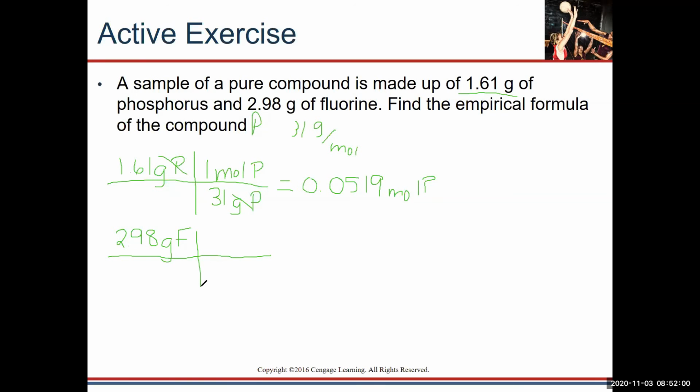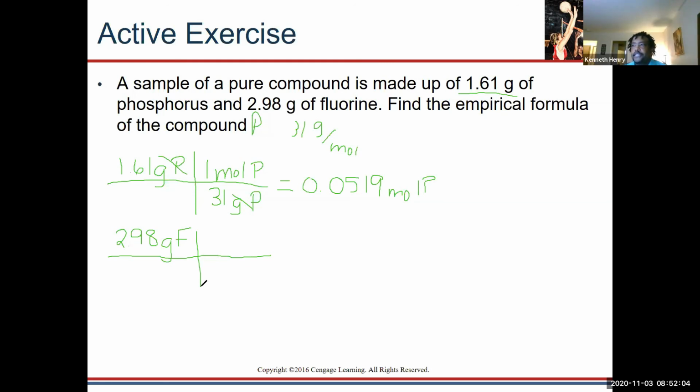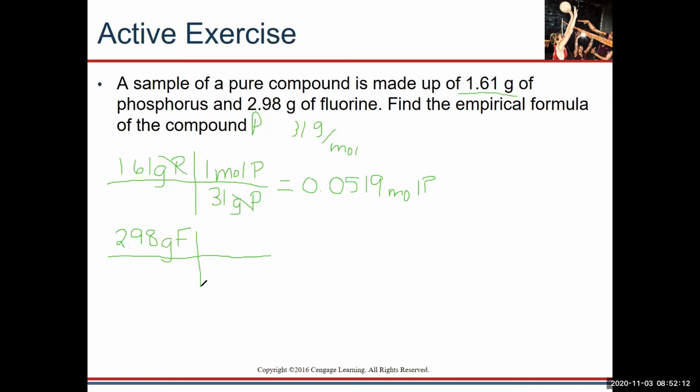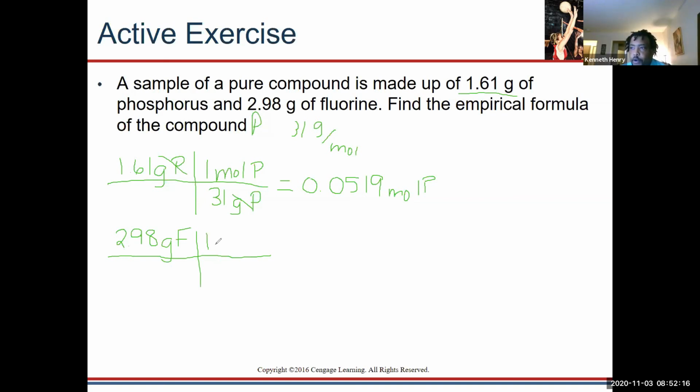I forgot how we got the 31 for the last one. Periodic table, molar mass. So what is the molar mass of fluorine? 19. That's right. So in this case, we'd have 1 mole of fluorine divided by 19 grams of fluorine.